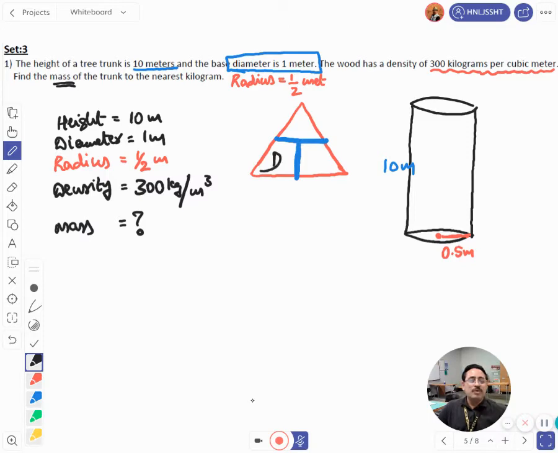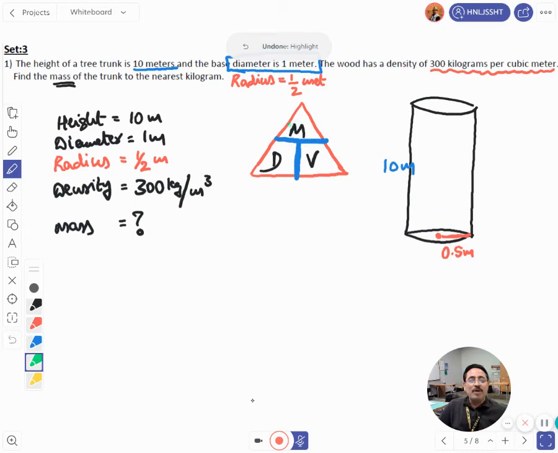Density equals mass per volume, right? In case you are asked to find density, there is no point taking this one again. Just highlight it, or use your thumb and close it. You close that, then you see mass per volume. In case you are asked to find the volume, use your thumb, close the volume, then you see mass per density.